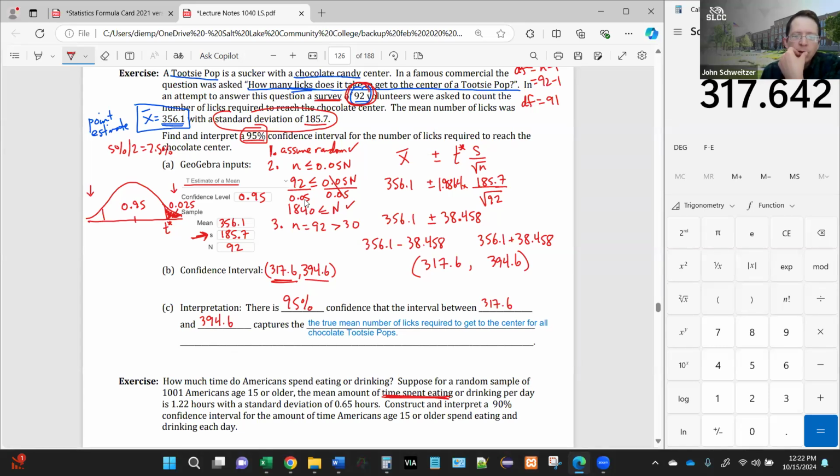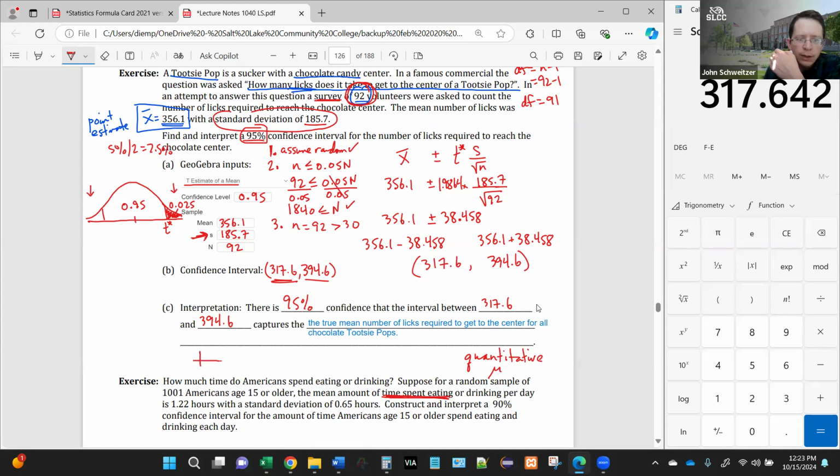So if you could talk to everybody in the country and measure the amount of time they spend eating, that would be a quantitative variable, right? So here in this exercise, it's definitely quantitative. By the way, everything in chapter 4 is quantitative. So we're looking at mu. And where is mu?